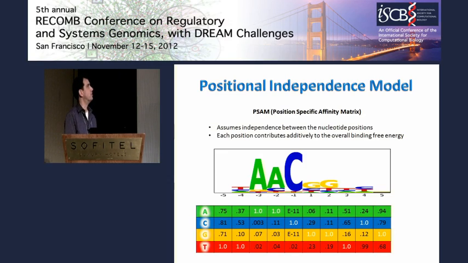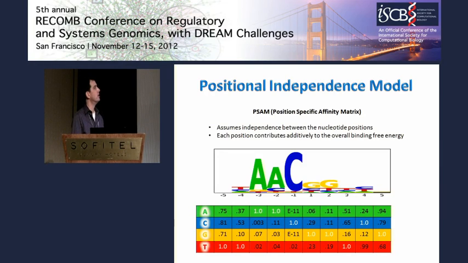It uses a position-specific affinity matrix. And this positional independence model was developed in the Bussemaker lab. And it assumes independence between the nucleotide positions. And also, it assumes that each position contributes additively to the overall binding free energy. And what this independence model is basically, is a matrix of marginal relative affinities.